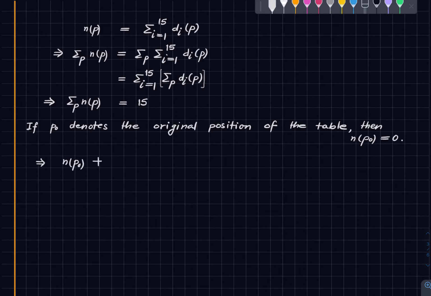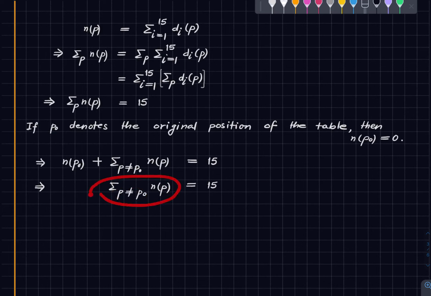This is N(P0) plus the sum over all positions which are different from P0. This is 15. But N(P0) is 0, so the sum over P different from P0 of N(P) is 15. Alright, great. So these are 14 numbers because there are 14 positions which are different from P0. So 14 numbers sum up to 15.